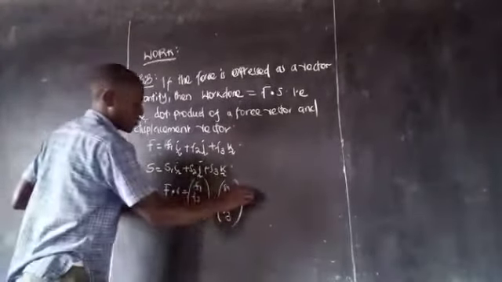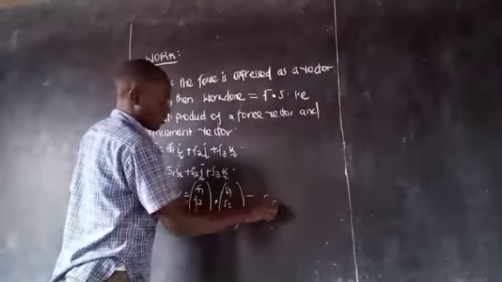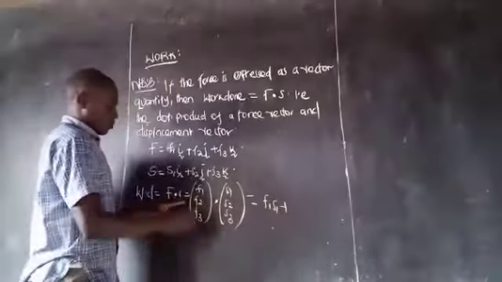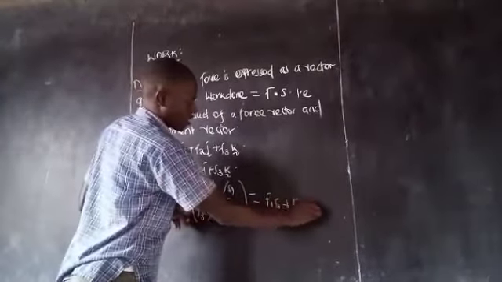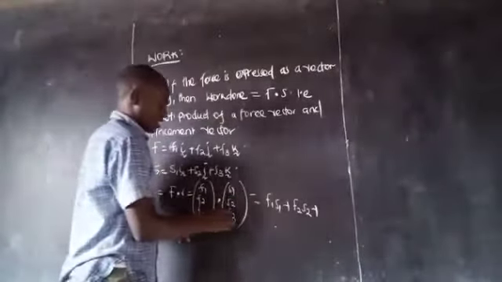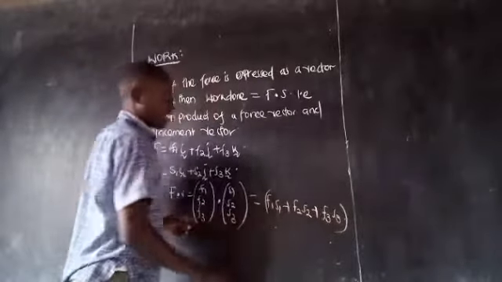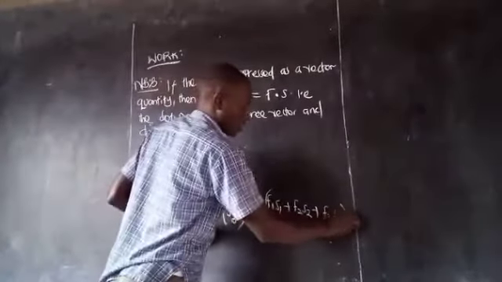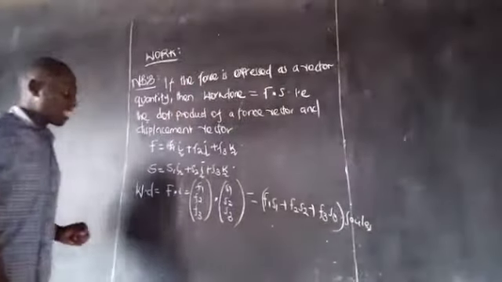And this simply gives you f1 s1, you add, when you dot j and j, that is f2 s2, and then you add f3 s3. And this is a scalar quantity, measured in joules. That will be the work done. An example.